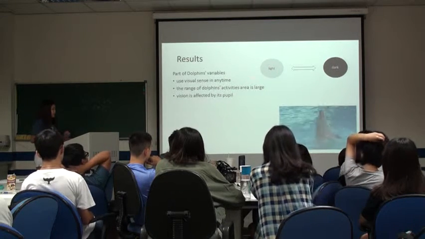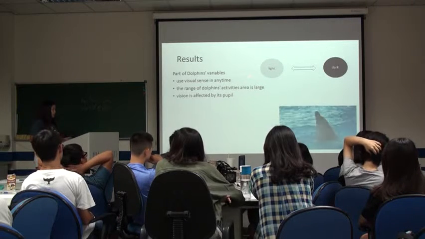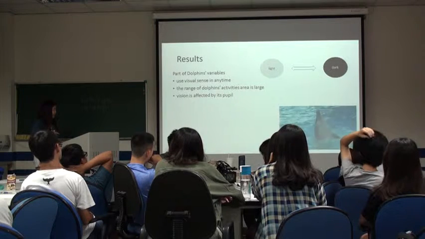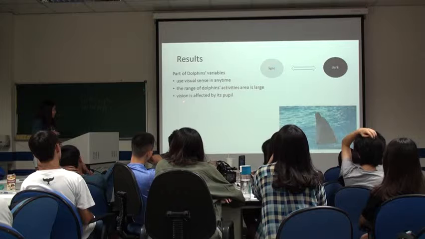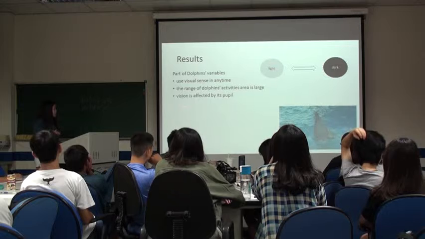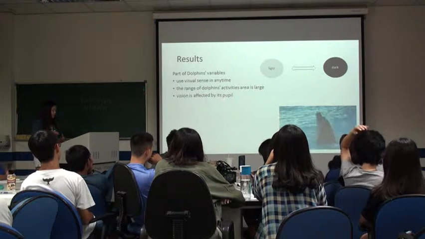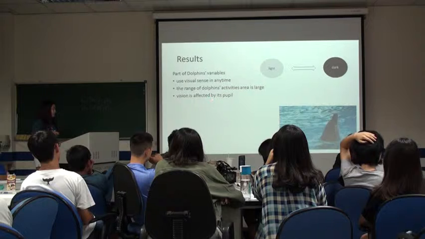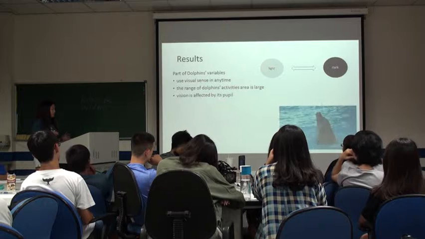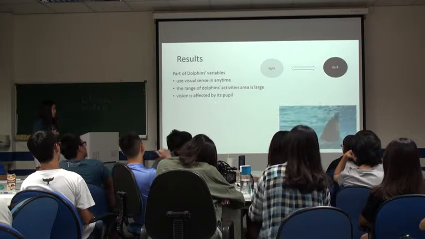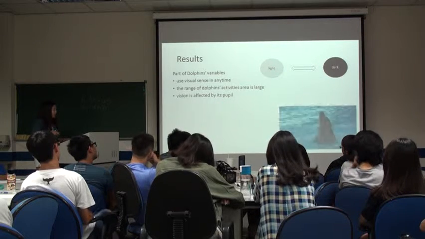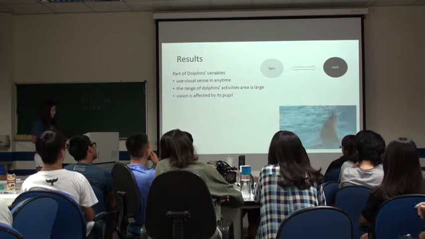So from a very large range of light conditions, we cannot ensure how their pupil changes. And the third one is that vision is affected by pupils, so it's difficult for us to predict how the dolphins will change their pupil. We can just do the test to study how its pupil works.